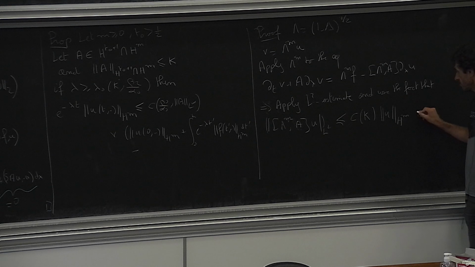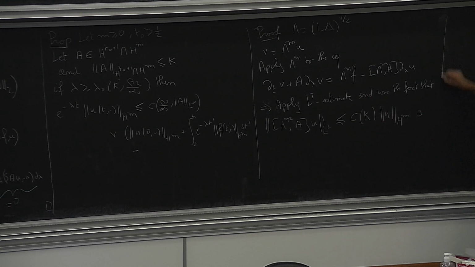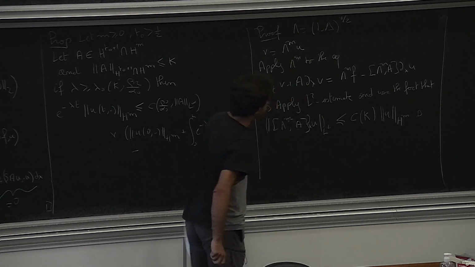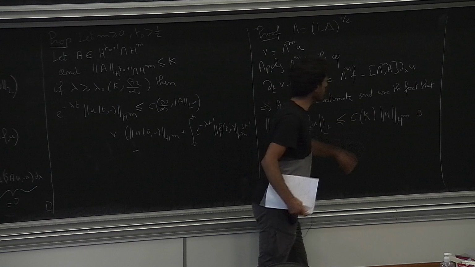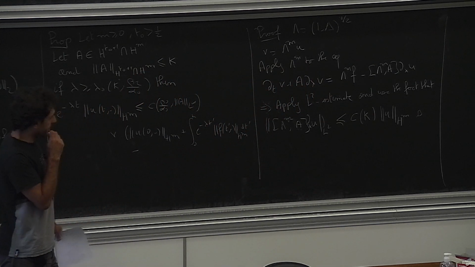And then, of course, this is Gronwall and this is standard. Excuse me? It should be M minus 1. It's dx. Thank you. This is as we have seen in the course by Elena, so this is standard.